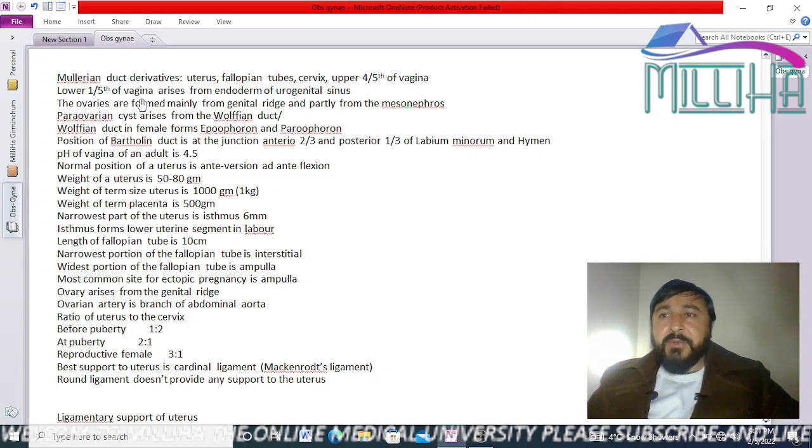So the Mullerian duct derivatives are the uterus, fallopian tube, cervix, and upper 4/5 of the vagina. The upper 4/5 of the vagina is derived from the Mullerian duct, but not the lower 1/5 of the vagina. The lower 1/5 of the vagina arises from the urogenital sinus.